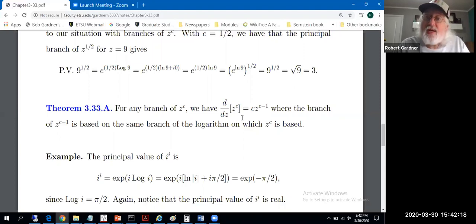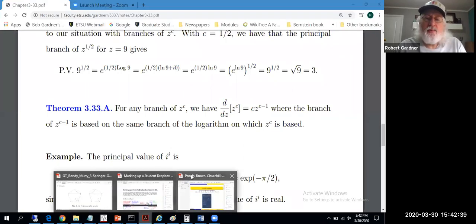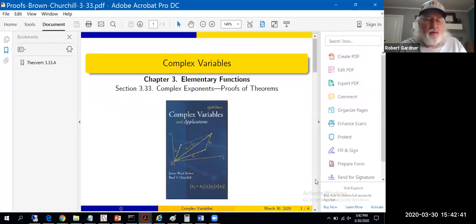So this is new because c could be any complex number. The claim is we're doing this computation where we've chosen a branch of the logarithm to define z to the c, and we're using that same branch of the logarithm on both sides of the equation. Let's take a look at the proof. It should be no big deal.